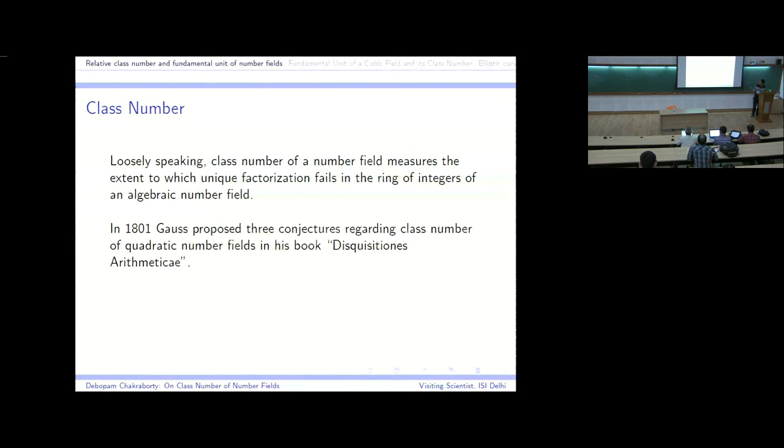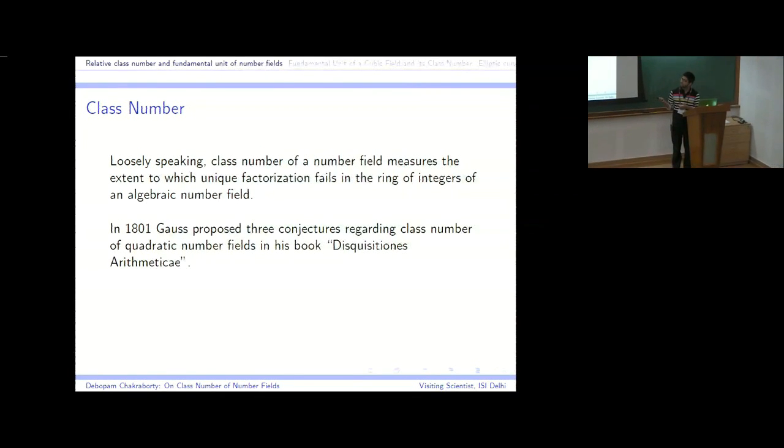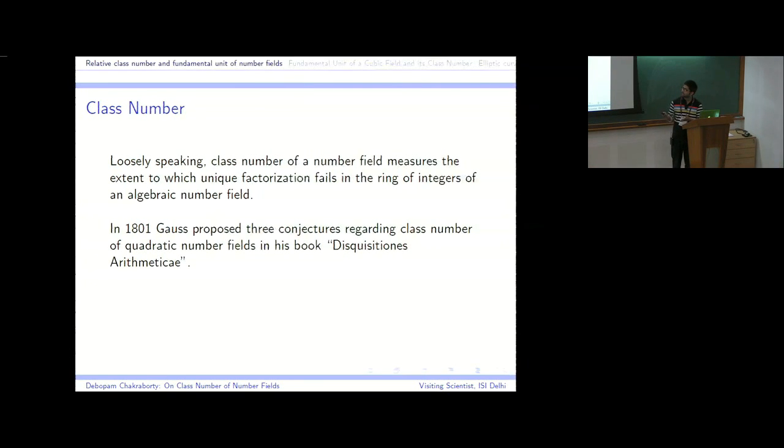I also don't know much, but the class number of number fields has a very rich history. Many people have worked on it. In fact, the original idea of class number and class group came even before the idea of ideals. I think it originally came from when people were working on quadratic forms, and they saw that for consecutive arguments, you are getting prime values from quadratic forms.